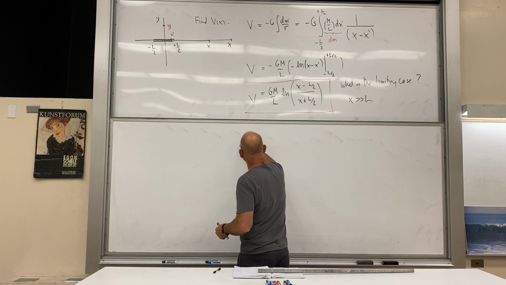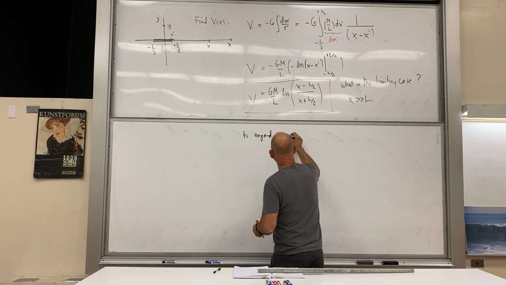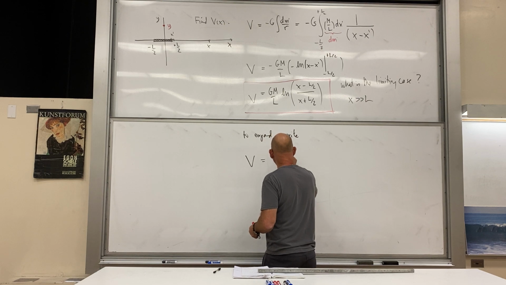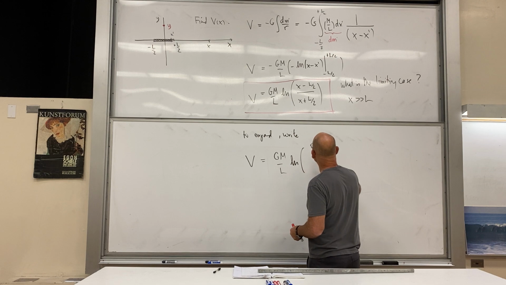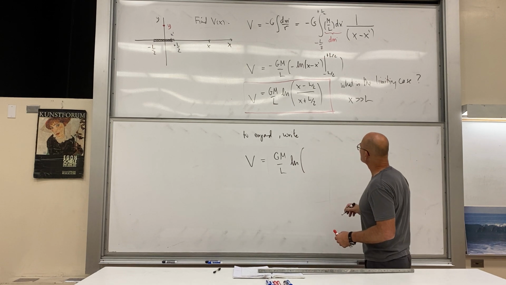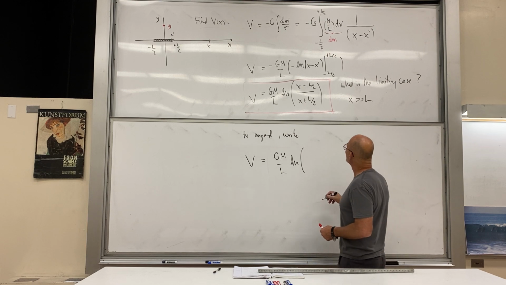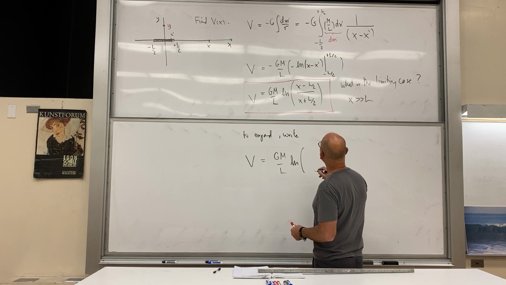We're going to rewrite this, so I'll just say to expand, write v equals gm over L natural log of, what's the best way to do this? We want a small quantity x plus L over 2.